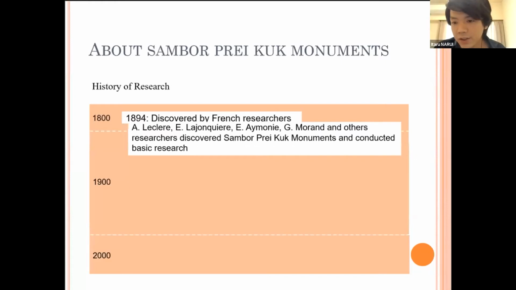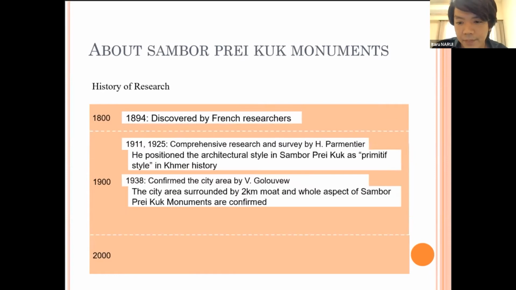Then next, I introduce an overview of history research in Sambor Prei Kuk. In 1894, French researchers in the field discovered the monument and conducted basic research. Then the research continued, and Parmentier positioned the architectural style in Sambor Prei Kuk as a primitive style in Khmer history.